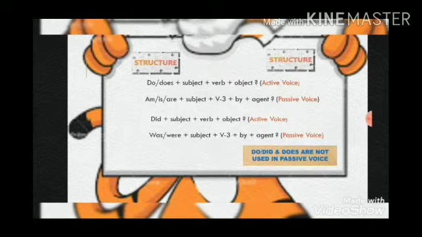Did plus subject plus verb plus object. Did is past tense. In active voice we write did, in passive voice was or were plus subject plus verb 3, the past participle, plus preposition by plus agent, and every sentence ends with a question mark. So do, did and does are not used in passive voice.